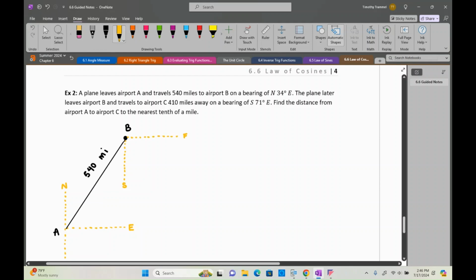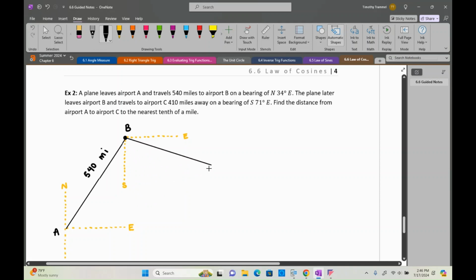The way you want to think about this one is we're going to make another line, but we're going to start on the south line because it's south 71 east. So starting on the south line, I want to rotate 71 degrees towards the east. That's probably going to leave me somewhere up here.